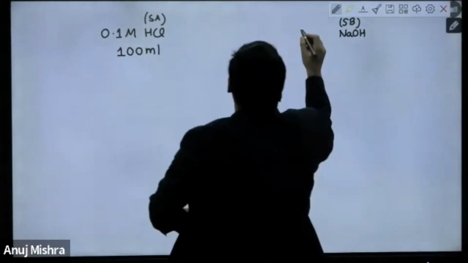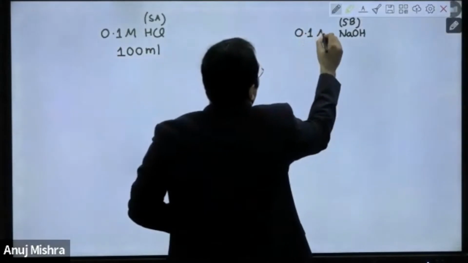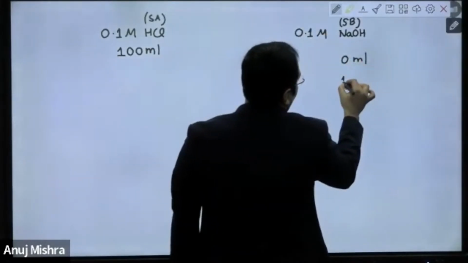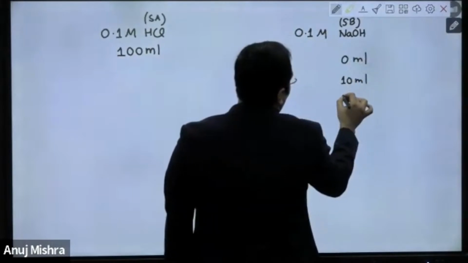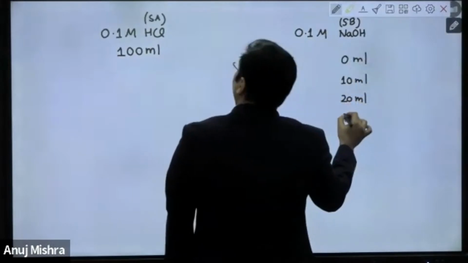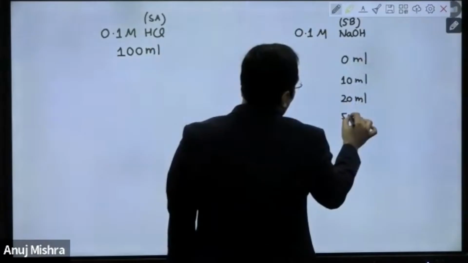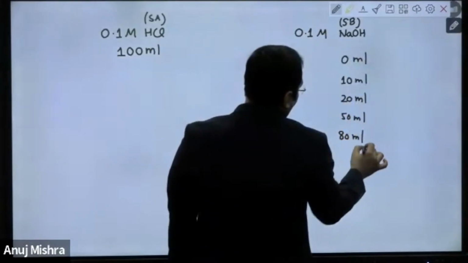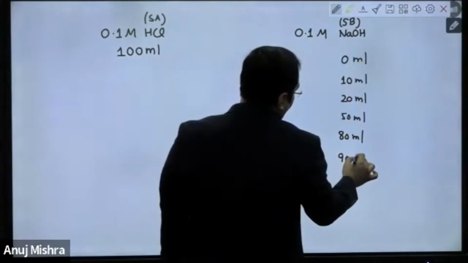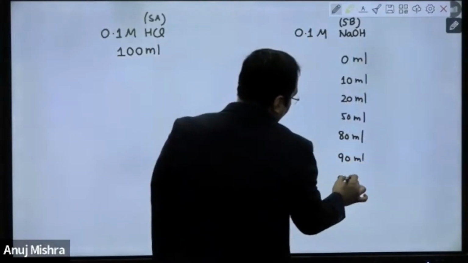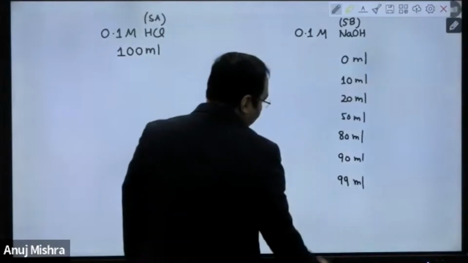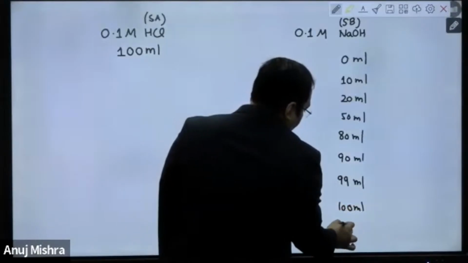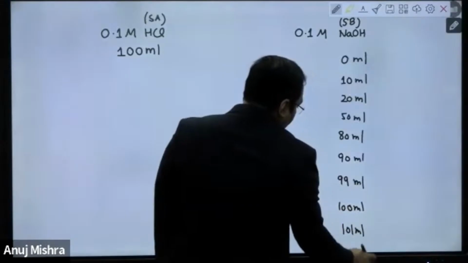अब मेरे को एक काम करके बताइए. If 0.1 molar NaOH is given and you are using 0 ml of NaOH, 10 ml of NaOH, 20 ml, 50 ml, 80 ml, 90 ml, 99 ml, 100 ml, 101 ml.